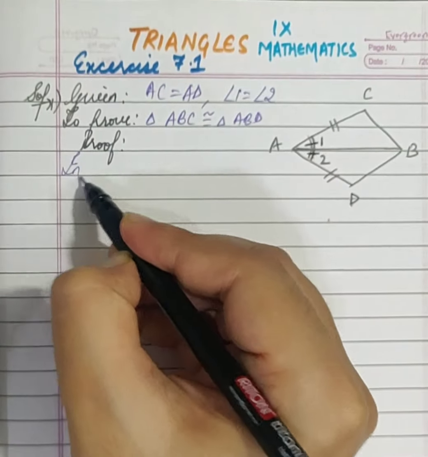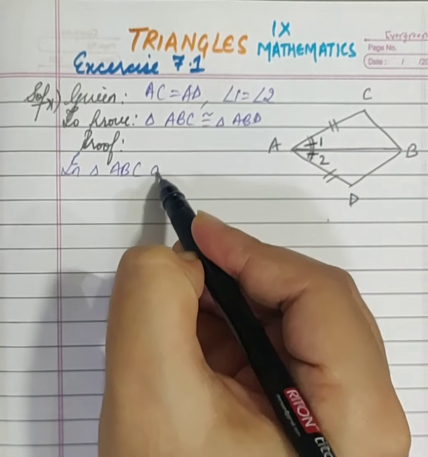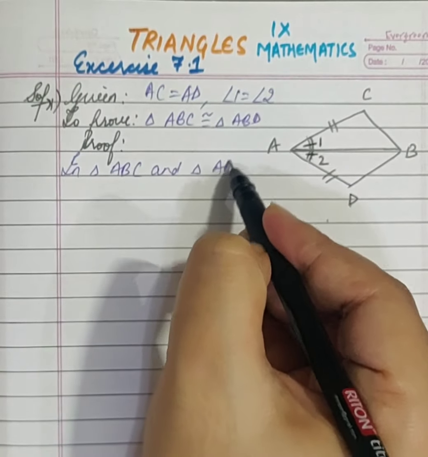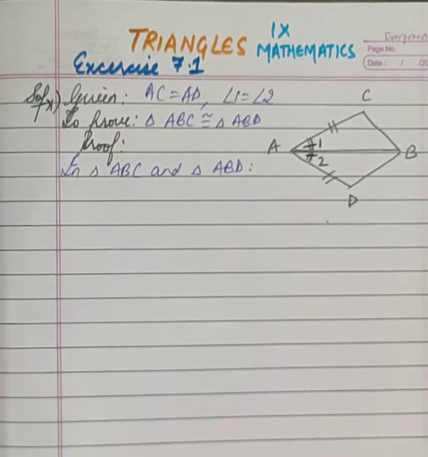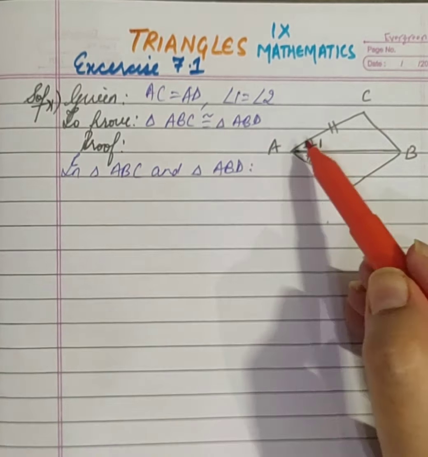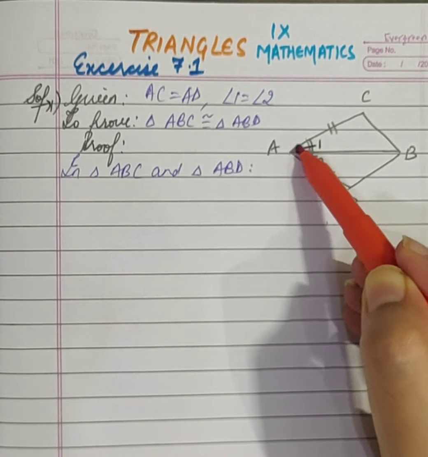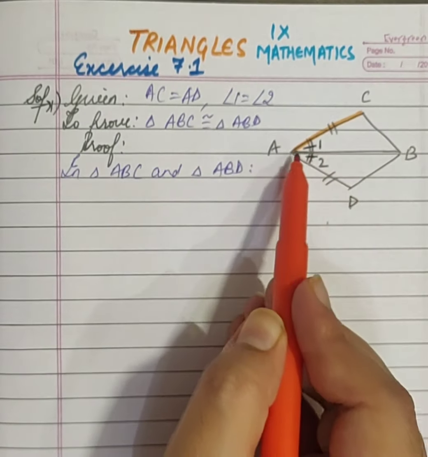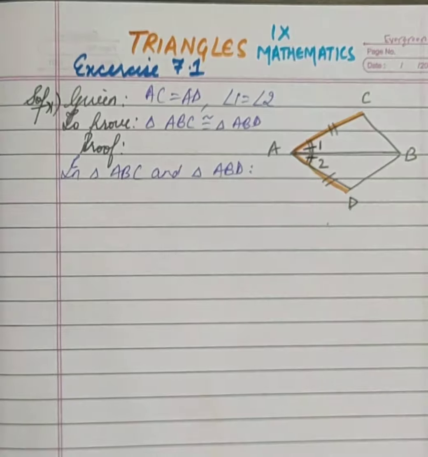Now in triangle ABC and triangle ABD, let's look at the three conditions. What are the three conditions in order to prove these two triangles as congruent? First of all, AC of first triangle is equal to AD of second triangle.